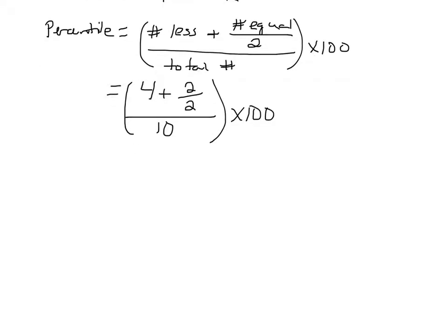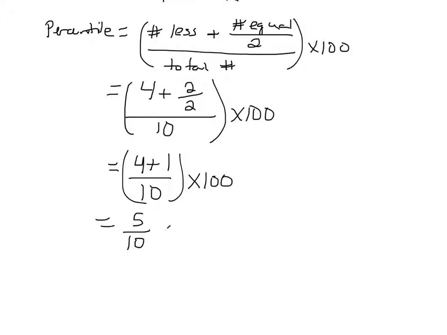So, if we're showing all of our work, 4 plus 2 divided by 2 is 1 over 10 times 100. 4 plus 1 is 5 over 10 times 100, which is going to equal 50.